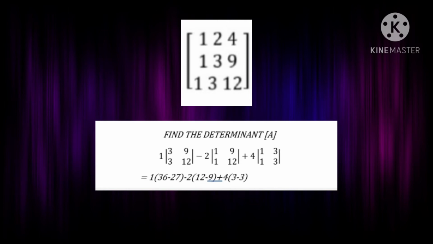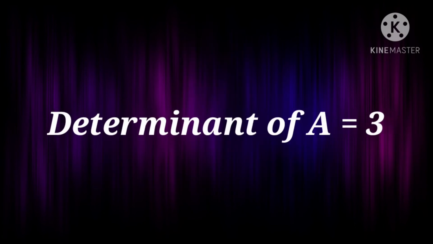We will get 1, 9, and 1, 12. Then we plus 4. We cancel the first row and third column, and we will get 1, 3, and 1, 3. So we will get the answer 3.